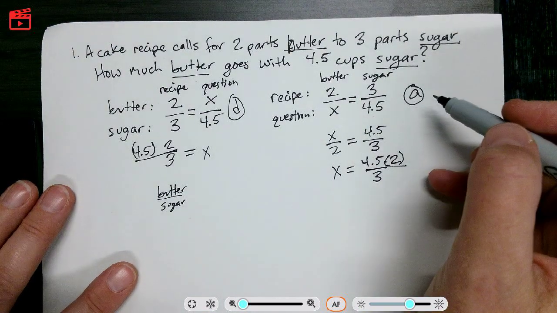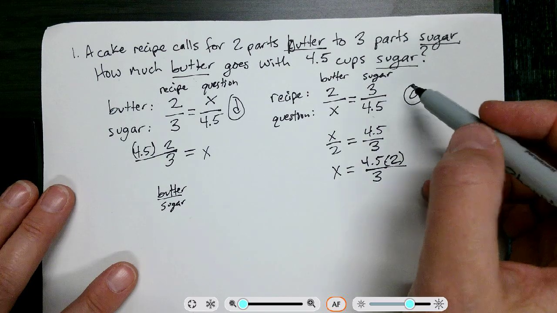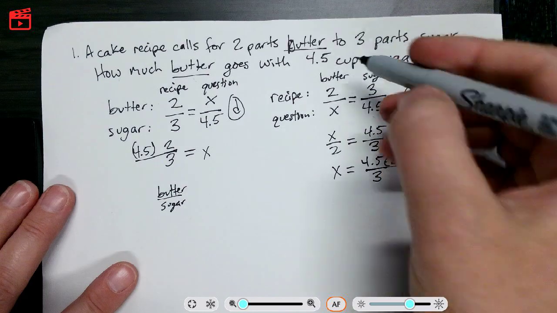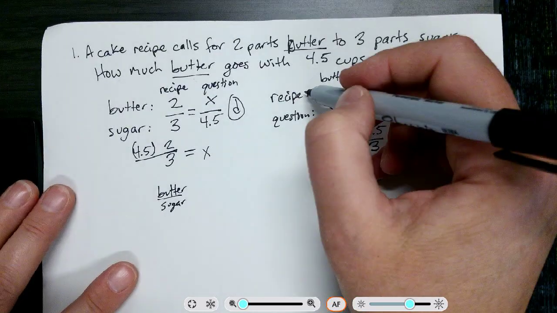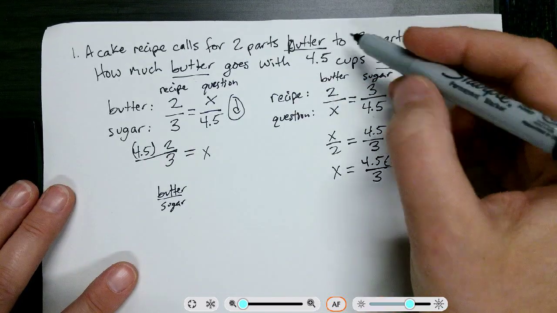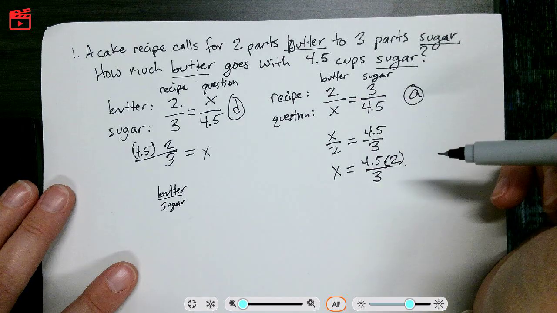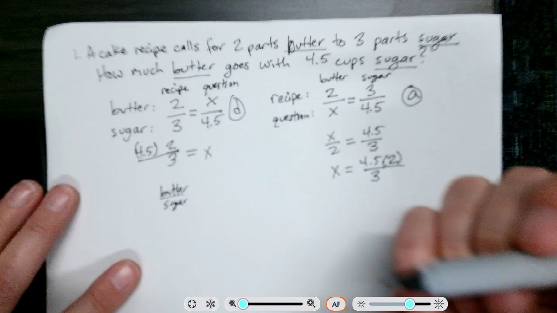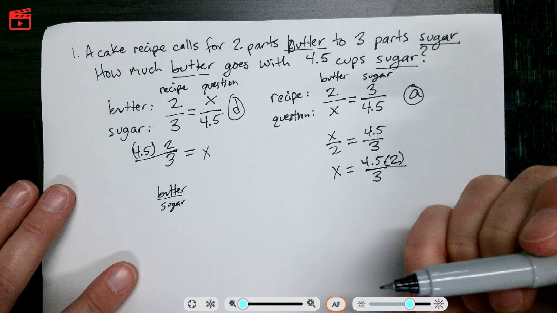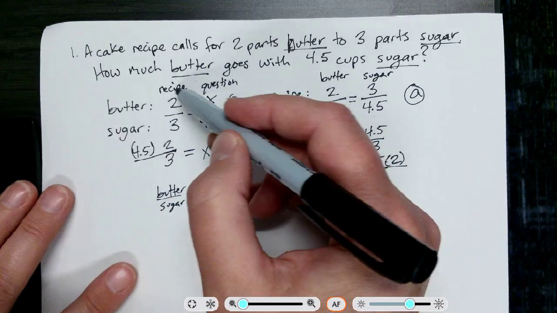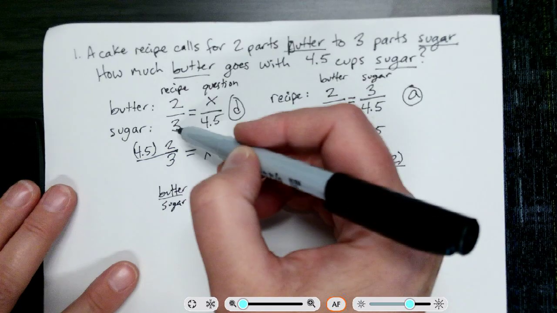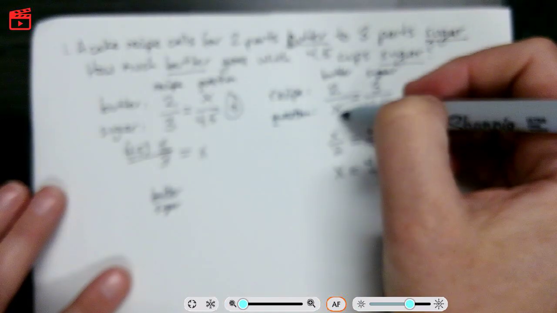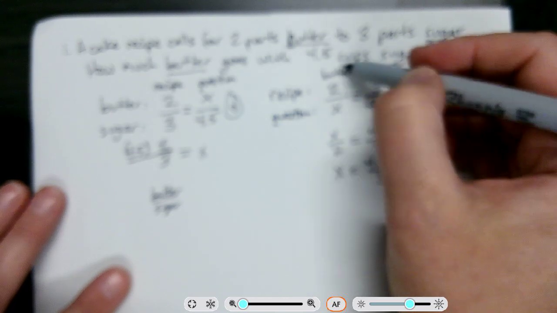So I'm just going to warn you now, I will frequently swap between which setup I like to do, whether I align my recipes horizontally versus my entities vertically, or my entities horizontally and my recipes vertically, because it doesn't matter. As long as 2 goes with 3 in some sense, in this case, they're both from the recipe, and 2 goes with X in some sense, in this case, they're both butters.